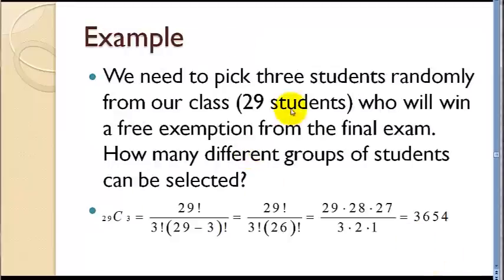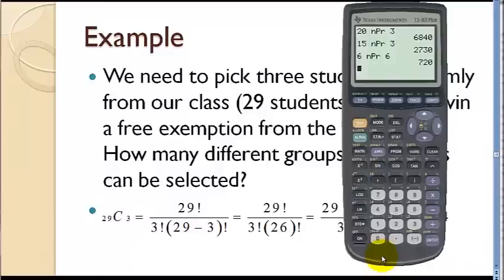So here's an example of a combination problem. We're picking 3 students, or it's like the committee problem, for an exemption. But in this case, whether you are picked first or third, you still get the same treatment. You still get the exemption. So this is a combination problem. It would be 29 C 3. Using the formula I showed, this is the way we would calculate it.